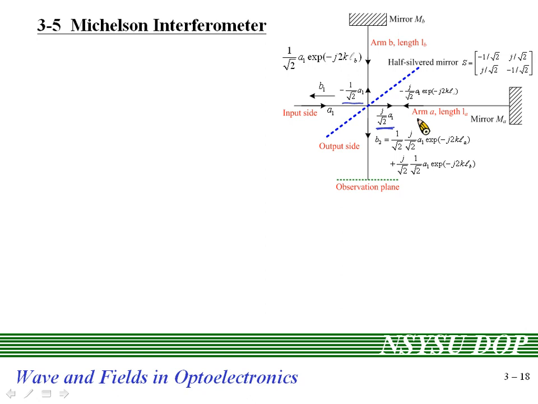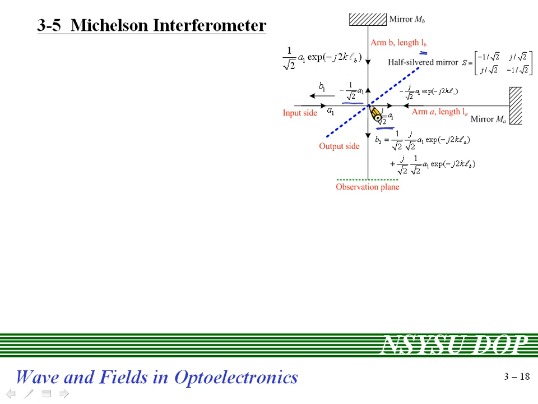And I have to remind you that as the light beam goes along this path, it will accumulate the phase delay by the 2LA length difference. And if the light beam goes along this path, the phase delay will be induced due to the length of 2LB.